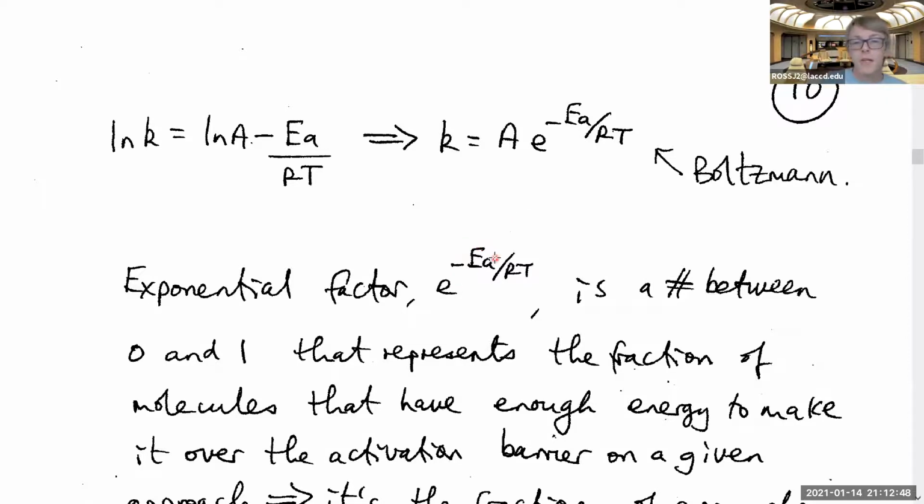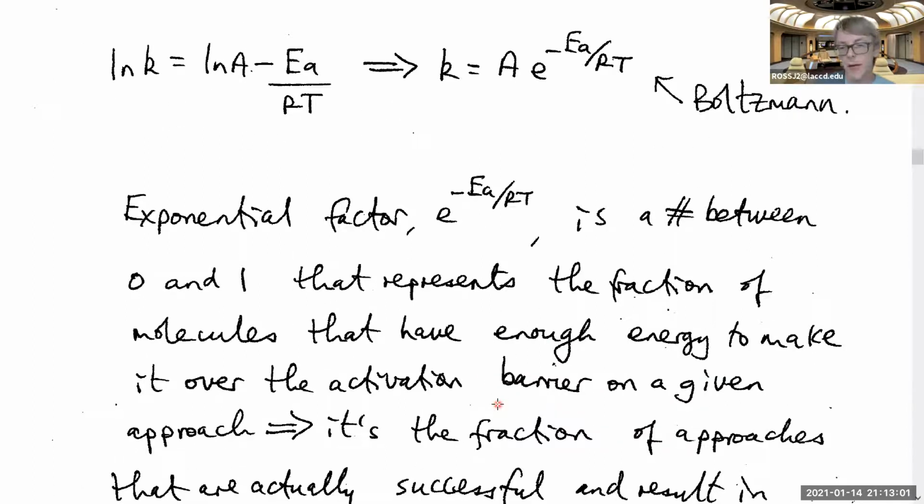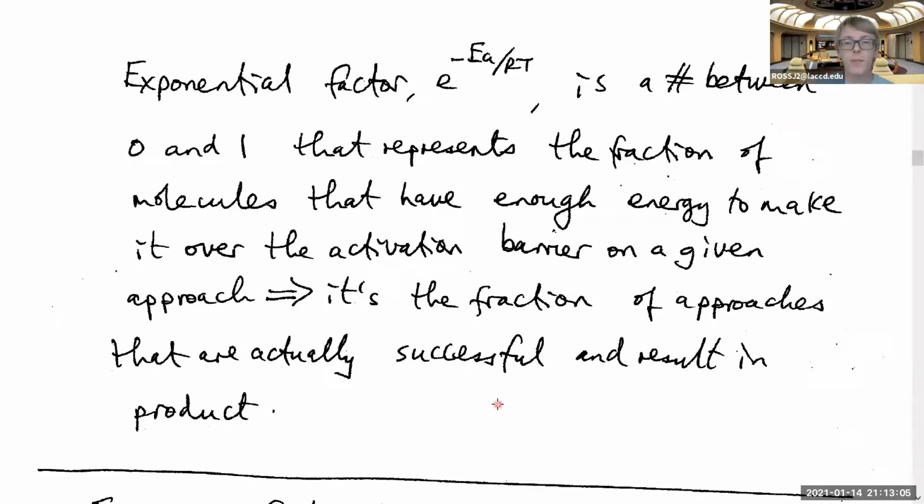This exponential decay essentially is a number between 0 and 1, at least that's how you can think of it, that represents the fraction of molecules that have enough energy to make it over the activation energy barrier on a given approach. Or you could think of it as the fraction of approaches that are actually successful and result in product.